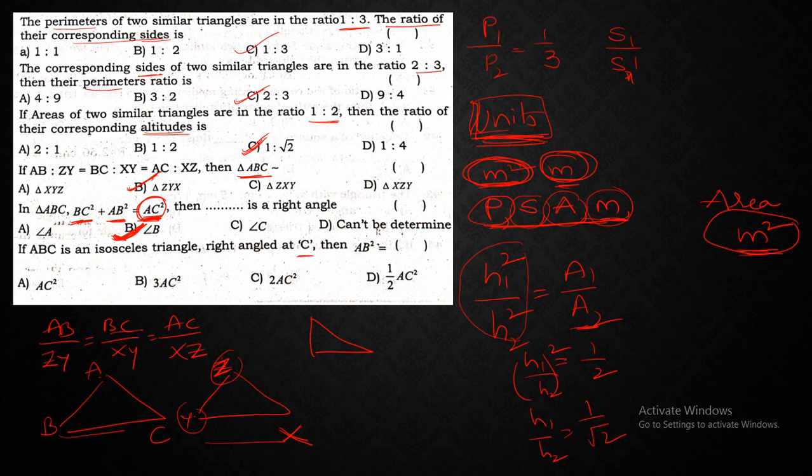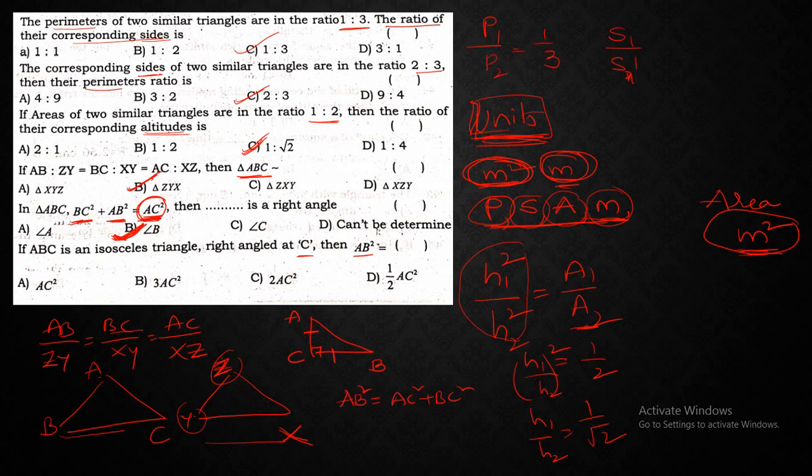Next, triangle ABC is an isosceles triangle, right angled at C. Now this is my right angle triangle, right angled at C. From this isosceles triangle, AC is equal to BC. Now what is the value of AB square? By using Pythagoras theorem, AB square is equal to AC square plus BC square.